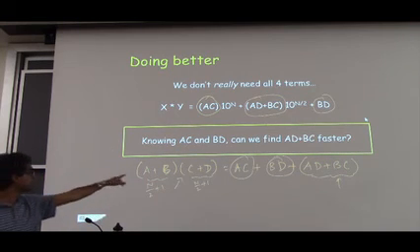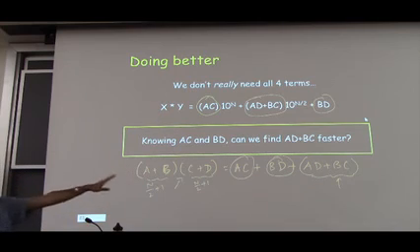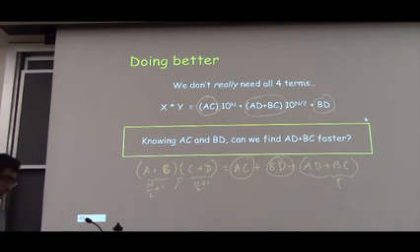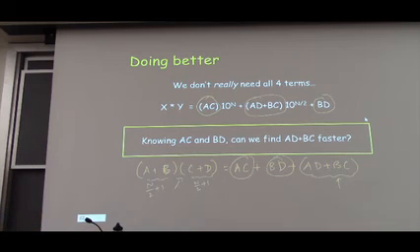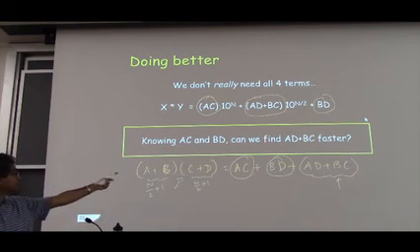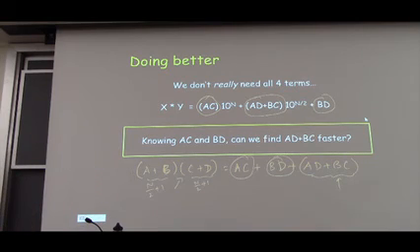You multiply these 2 numbers instead, and subtract them off to get the term. So this is the idea. One thing we used here is that additions are cheaper than multiplication, because you found this and subtracted off AC and BD, and those only take linear time. So this is the idea behind the algorithm.